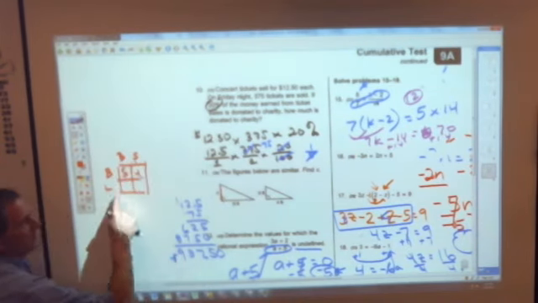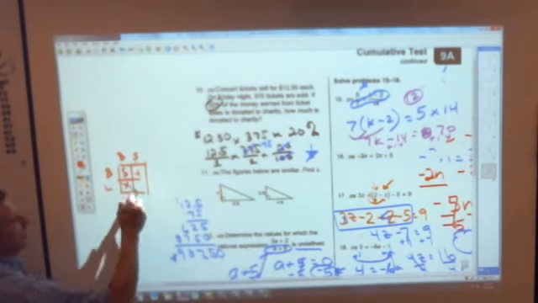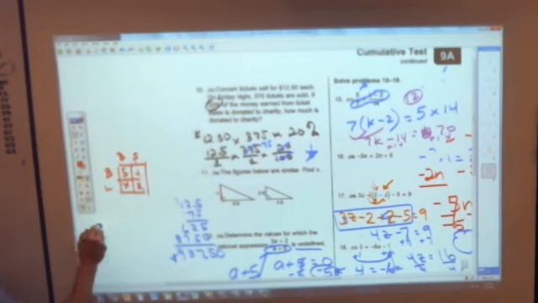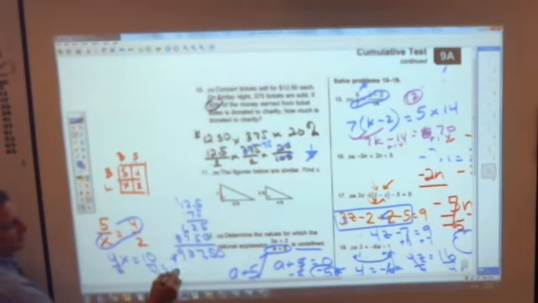The big left is x, and the little left is 2. So your ratio ends up looking like 5 over x equals 4 over 2. Cross multiply. 4 times x equals 10. Just divide by 4. What does that equal? 5 halves, or 2.5. Whatever you want to say.